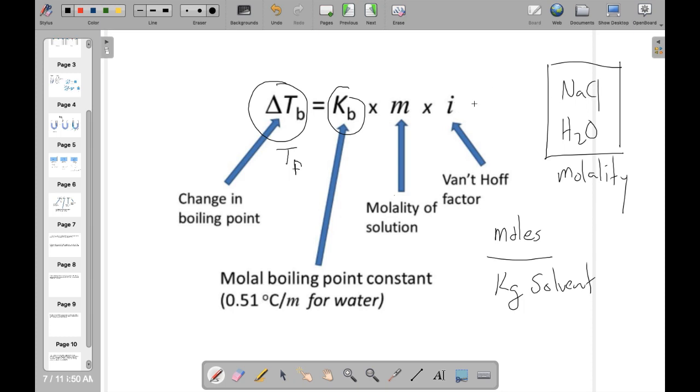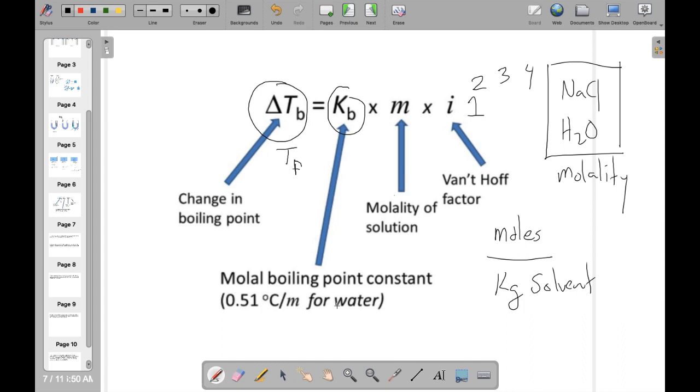Normally, for all of my problems right now, we're just going to have a 1. We'll add some molecular compounds. But if we're adding salt, it's going to be 2. If we're adding some other ionic compound, it could be 3, could be 4. This number right here will be given to you in the problem. You're not going to be expected to memorize these. These are constants. Okay? So this will be given to you on a test or on a problem.